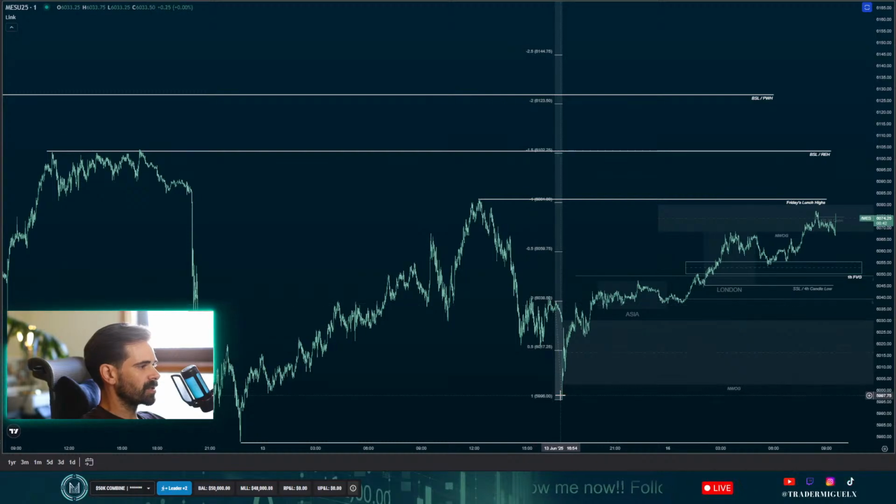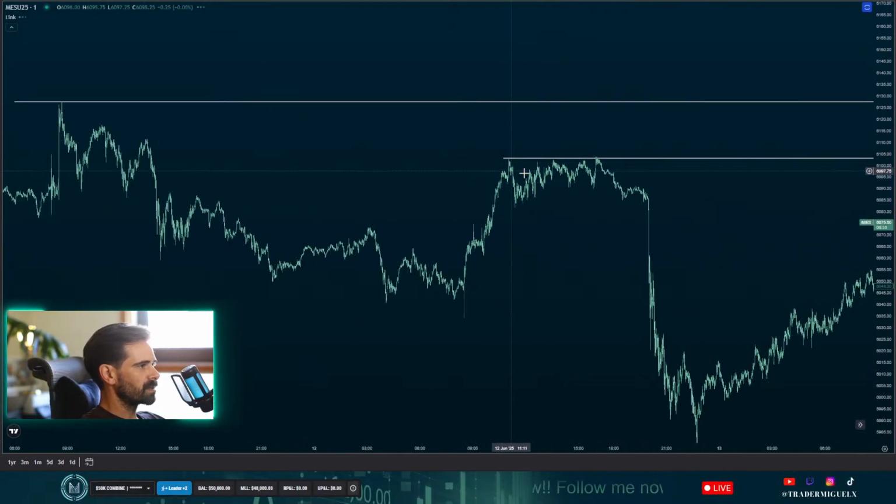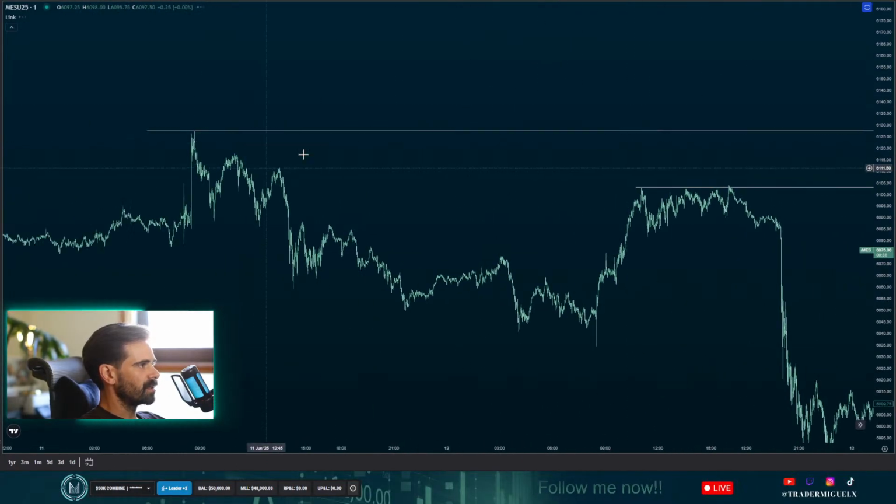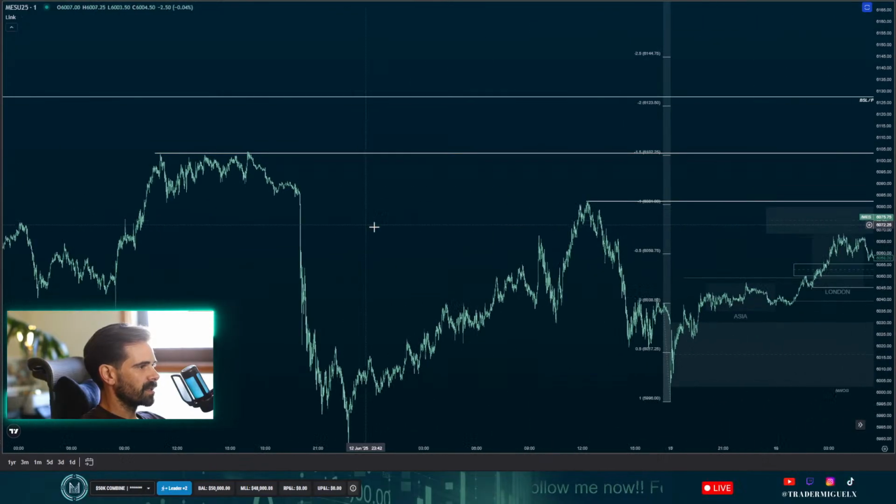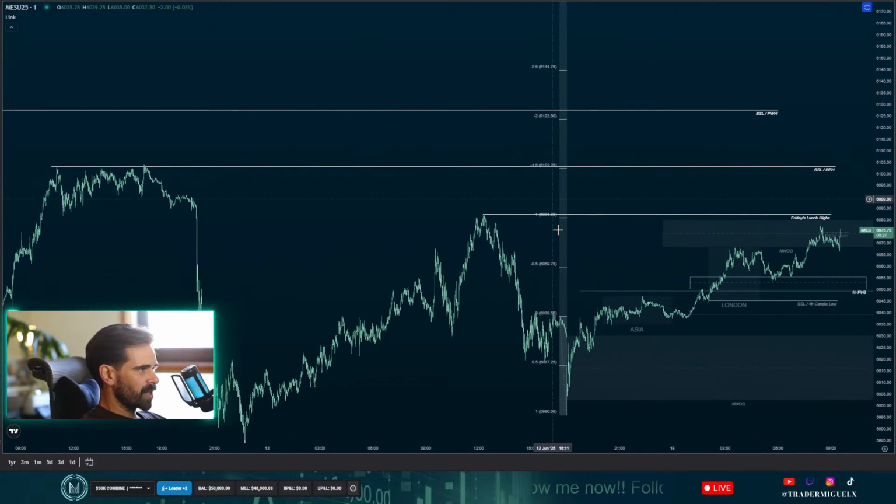So this could eventually be our manipulation to the downside, and then we are getting all this liquidity that you see here on the buy side. If you project your fib, you can eventually see that there are some confluences here, especially between -1 and -2 standard deviation.